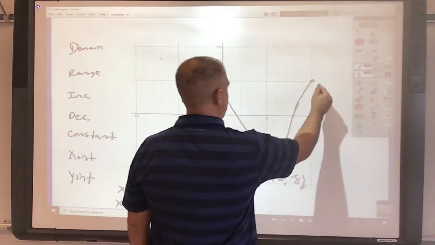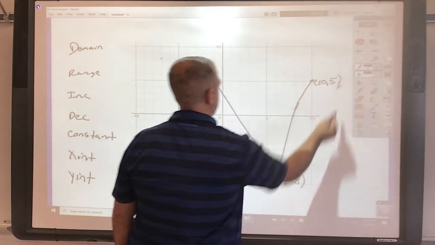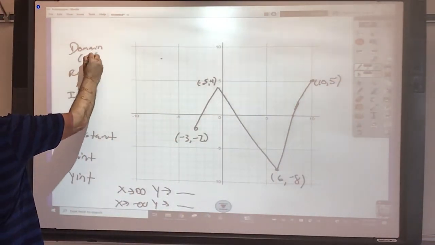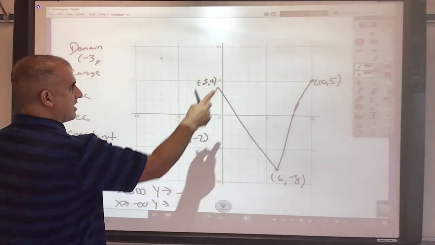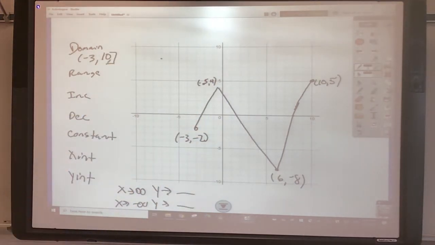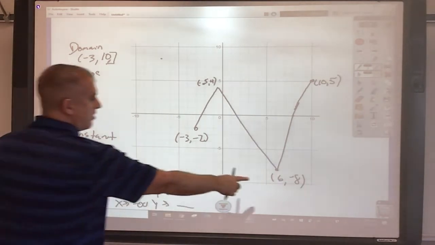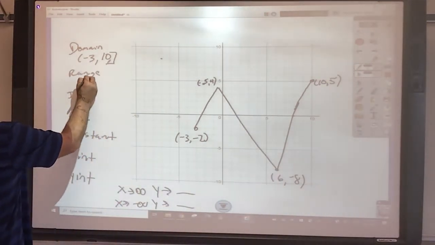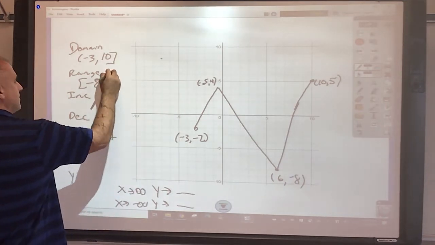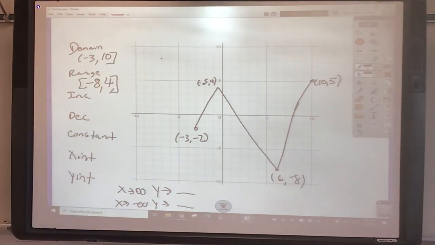I'm going to label this point 10, 5. So for domain, my smallest x value is -3. And my biggest x value would be 10. And since that's in a closed circle, I put that. My range, my smallest y value is -8 at a dot. My biggest one would be 4, also at a dot.